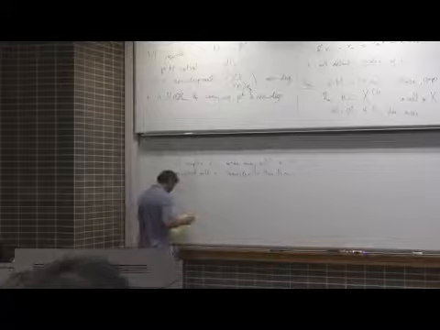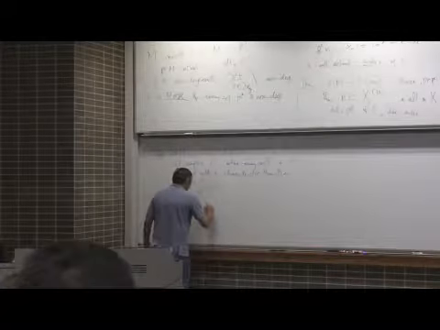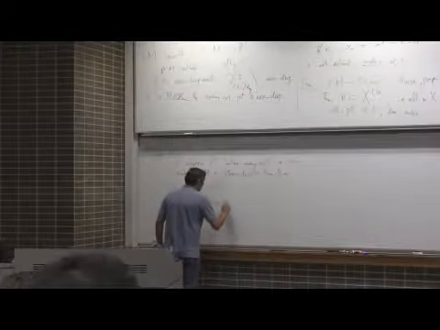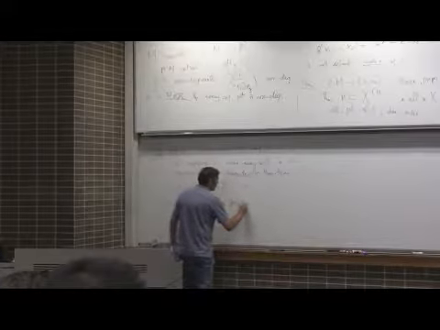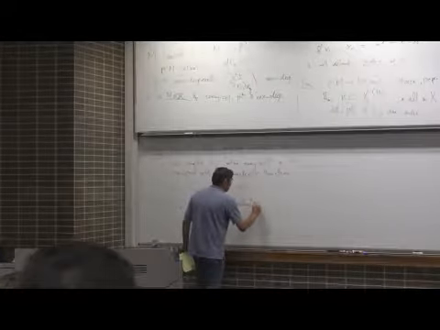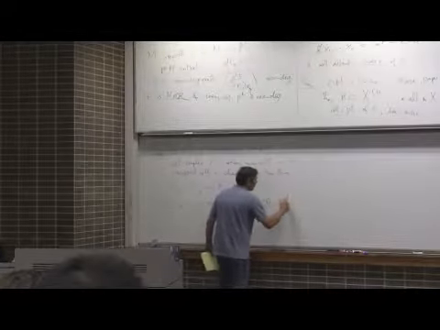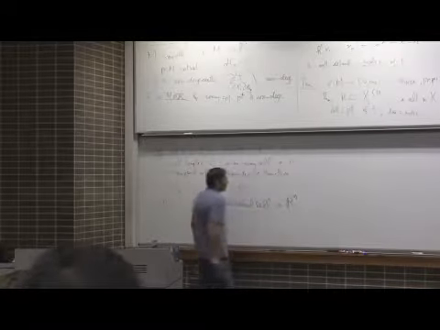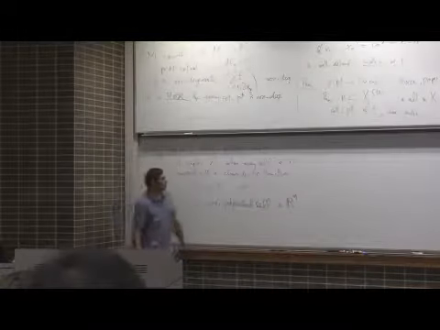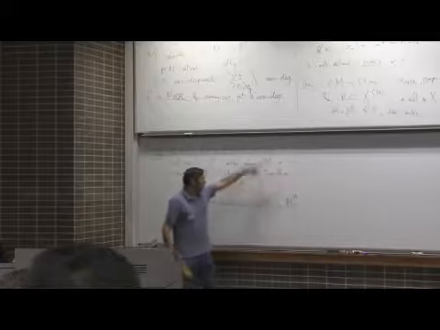So this C_E is a convex polyhedral cell in R^m. For now, I'm going to fix m. M is going to be fixed for the whole definition.